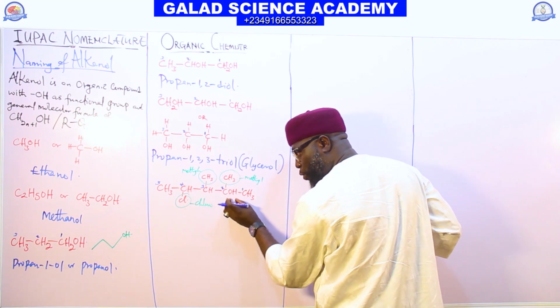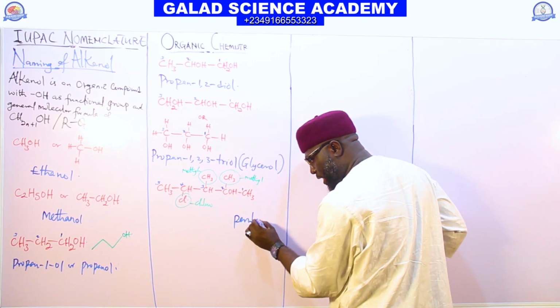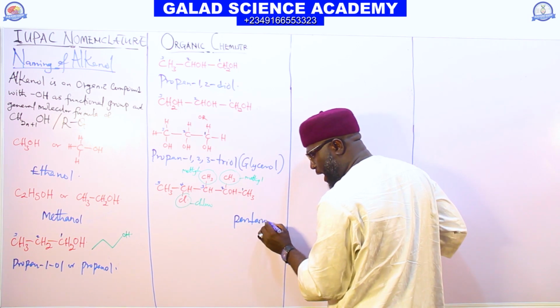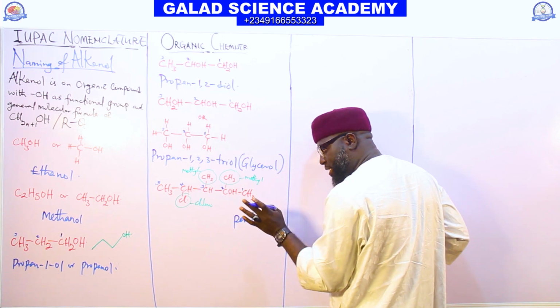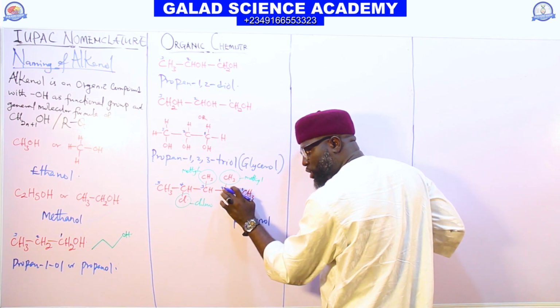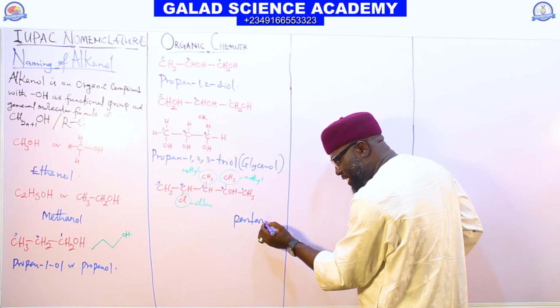The functional group is OH, and the longer chain is pentanol. But the OH is attached to the second carbon, so you call it pentan-2-ol.